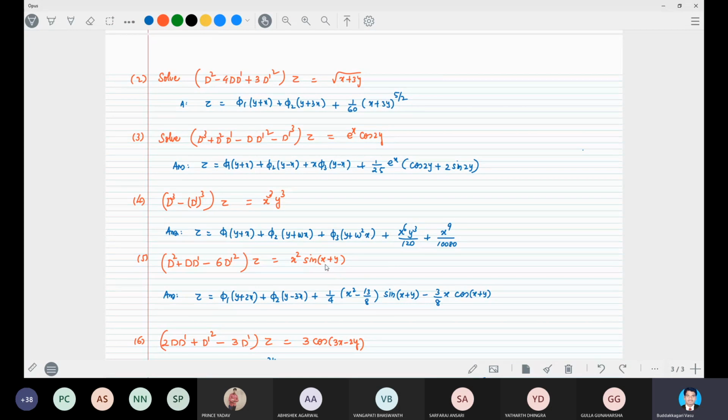Can you do this fifth question right now? Anybody? How can we write this? A simple way, can you tell?